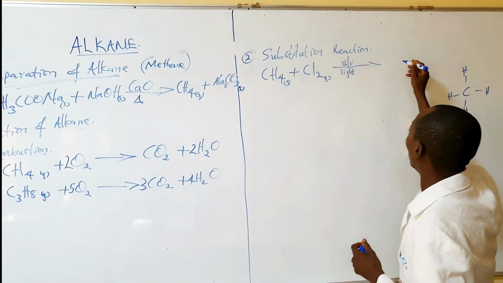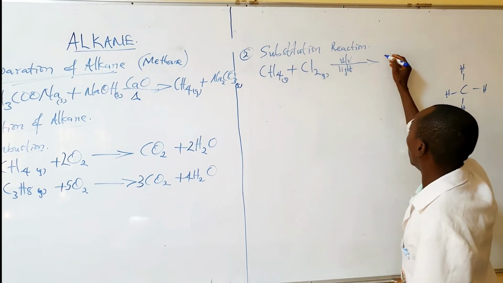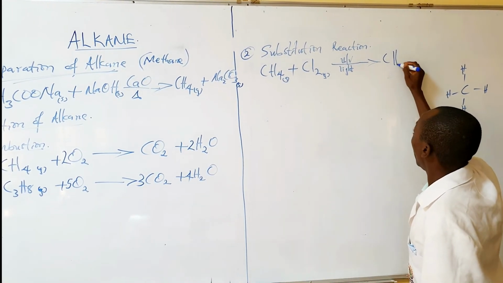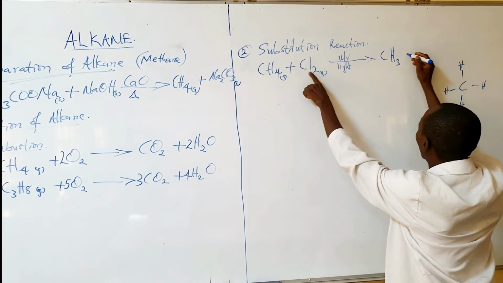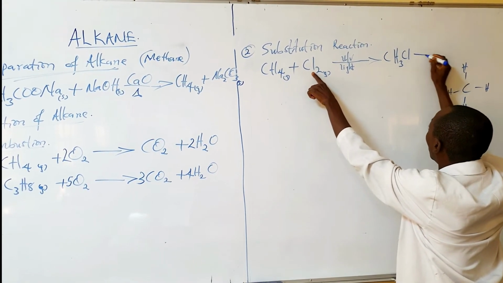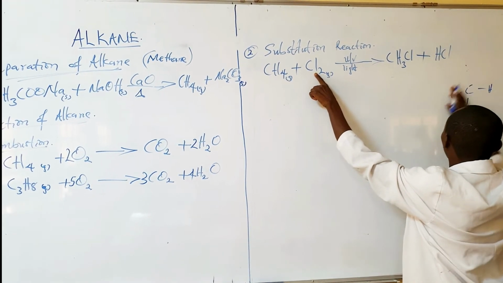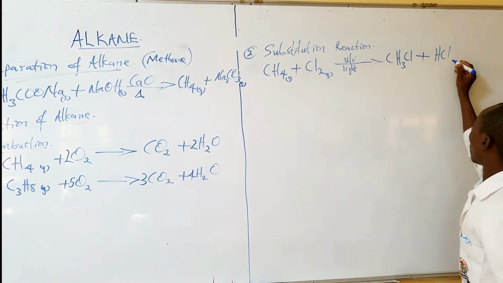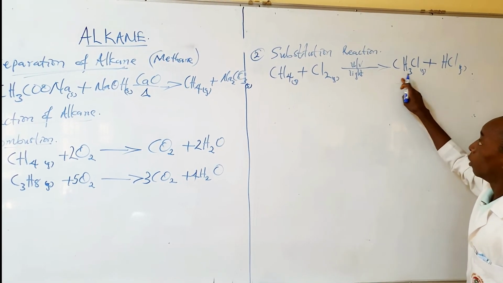And what will you form? One of these hydrogen atoms will be replaced. So you have CH3 instead of CH4, which means one of the hydrogens has been taken over by chlorine, and you get HCl in gaseous state. This we call monochloromethane.